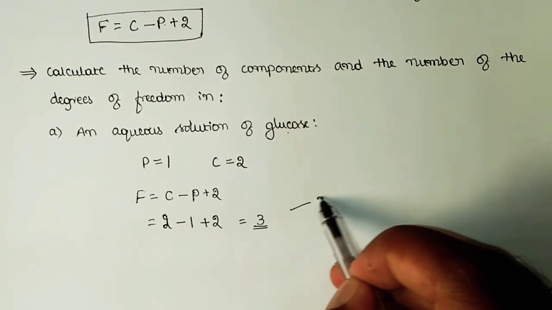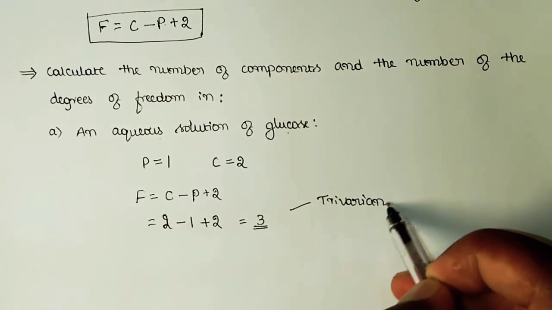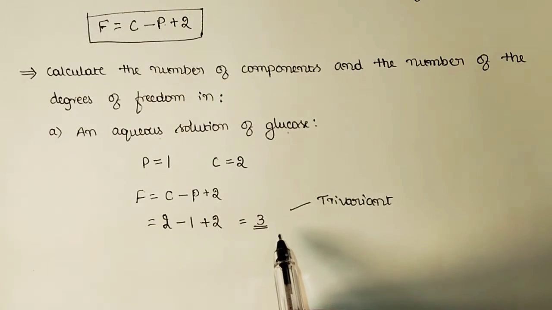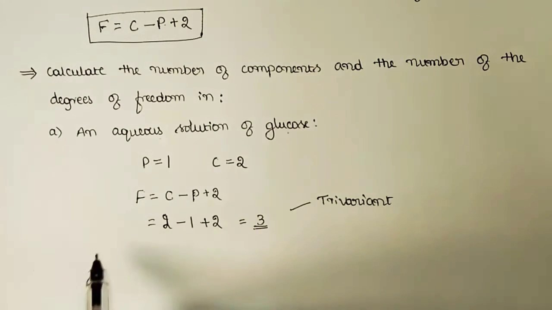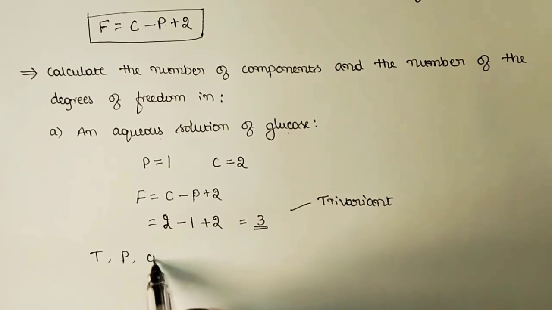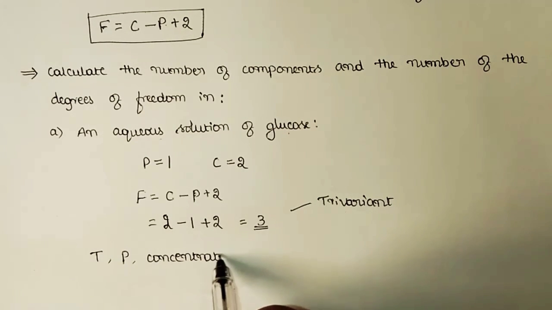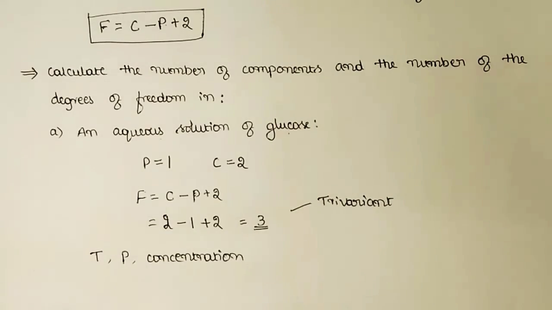So the system is trivariant. Means we are supposed to specify 3 variables in order to specify the system. So the 3 variables will be temperature, pressure as well as the concentration. So these three parameters we are supposed to use in order to specify the system.